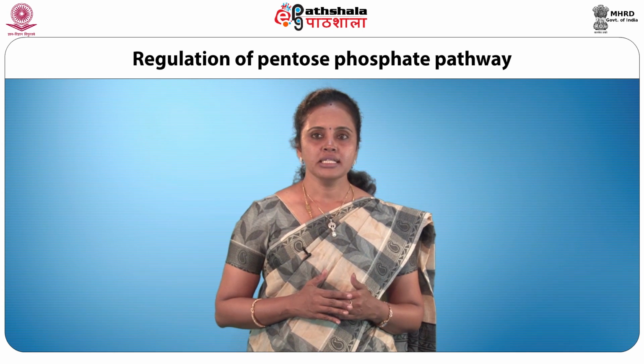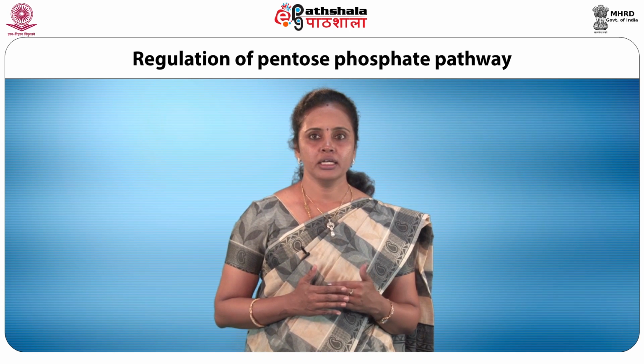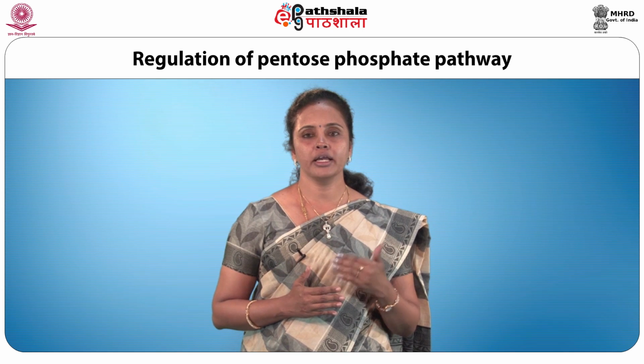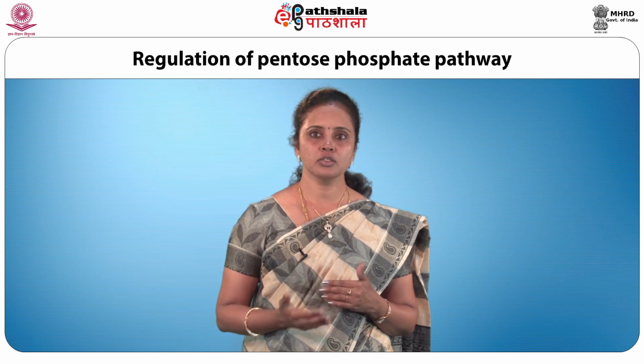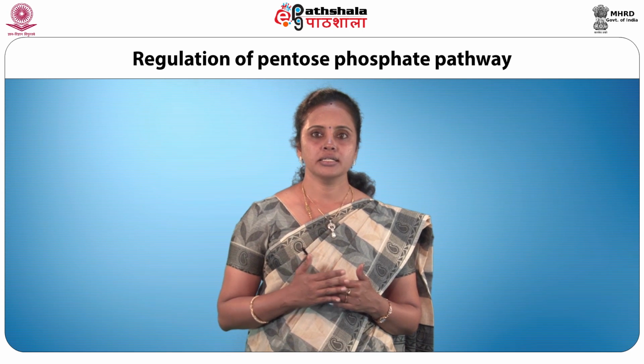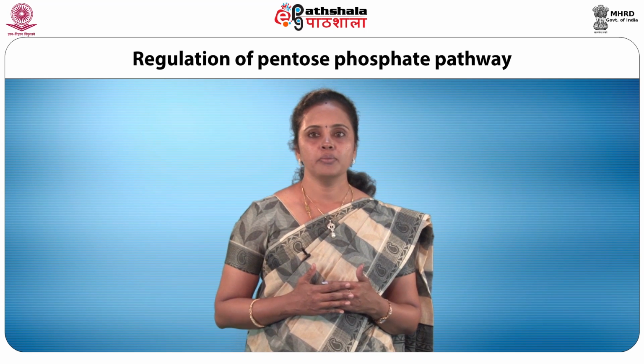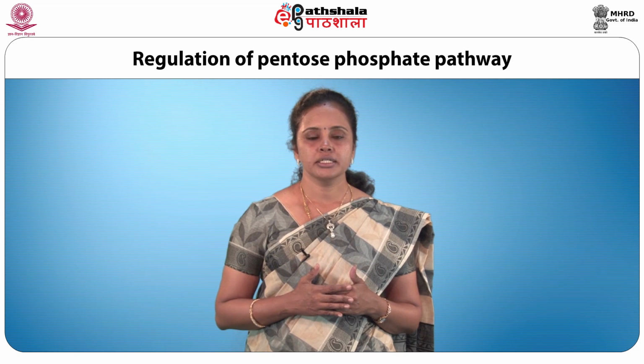So, having seen this module, we will have a clear idea about how glycogen metabolism is regulated and also how this hexose monophosphate shunt provides reducing equivalents, which is very important for various conditions of the body.